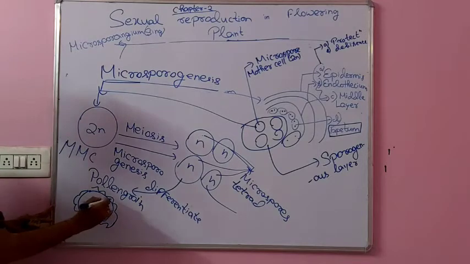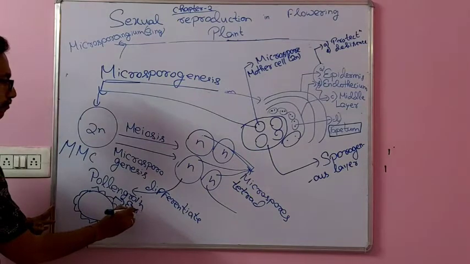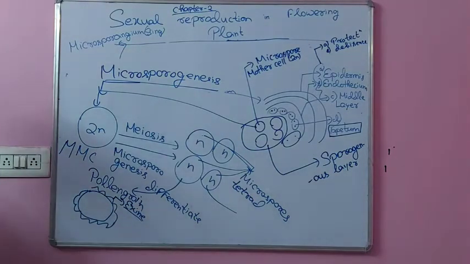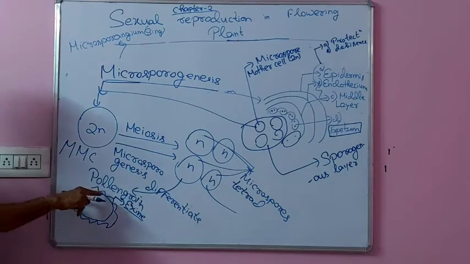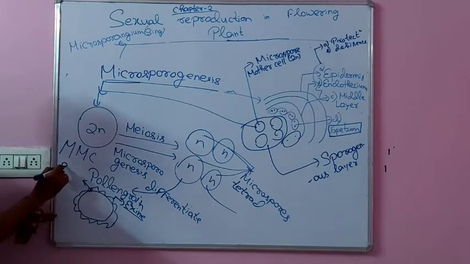First, this is the outermost layer, that is the exine, which has a large number of spiny projections and a rough structure, which becomes very thin near one region. That region is called the germ pore.